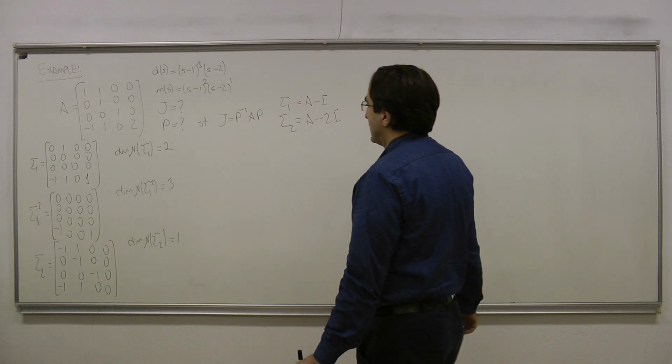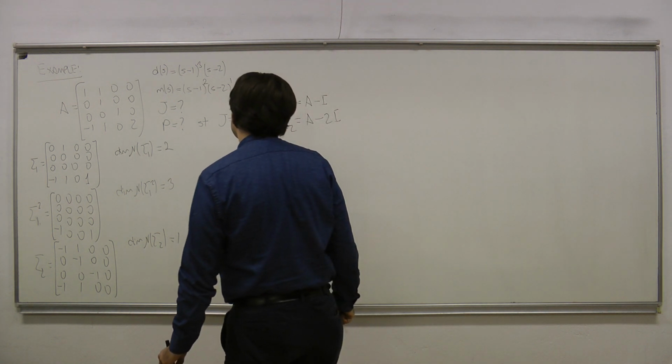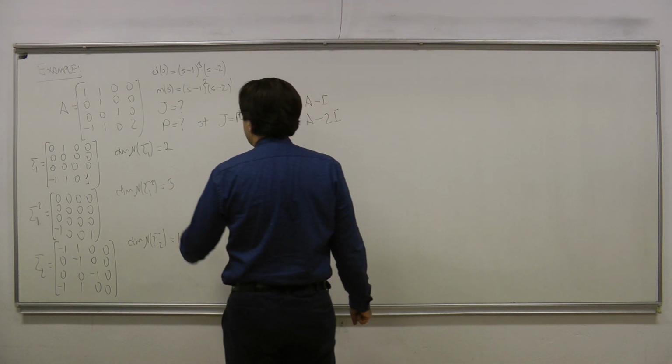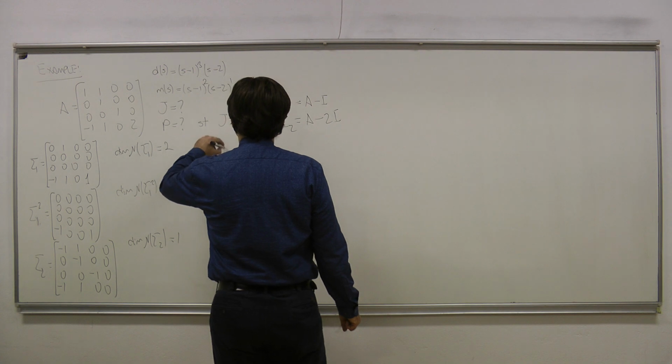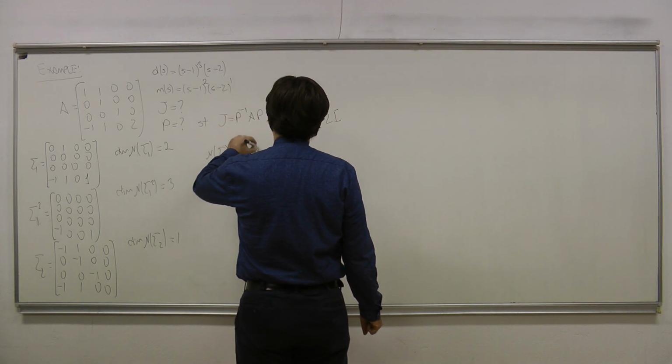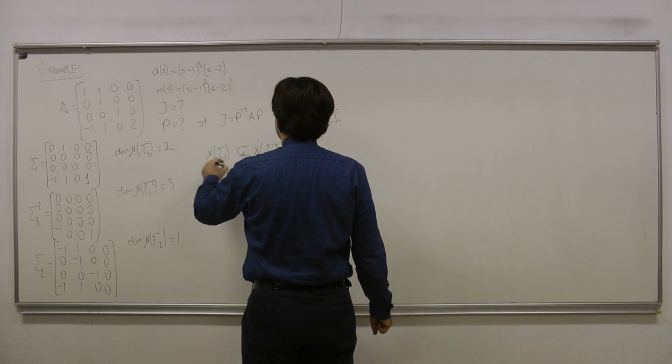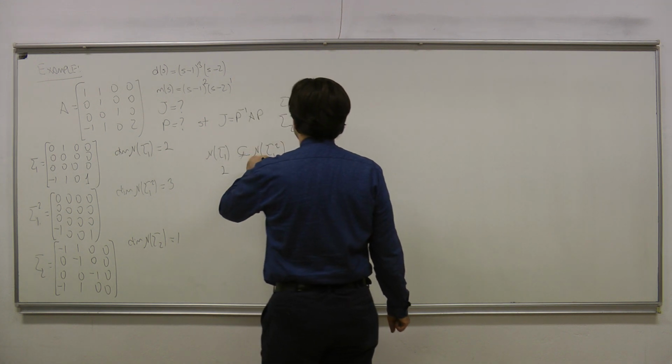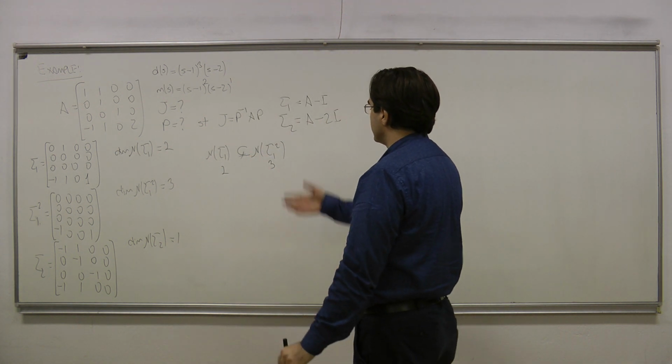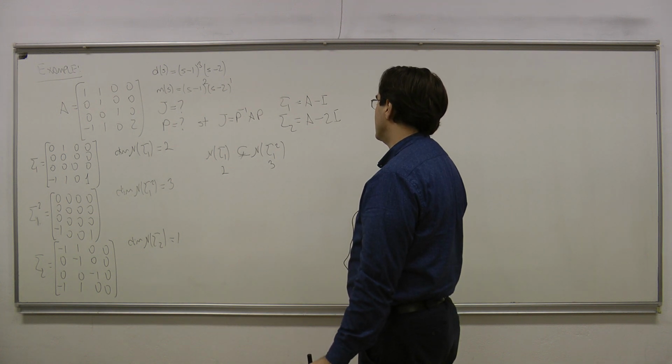So now I'm going to look at the Jordan canonical form of this matrix. So let me try to look at these null space dimensions. Null space of sigma 1 and null space of sigma 1 square. The dimension of this one is 2 and the dimension of this one is 3. And that is the largest possible dimension. Okay?